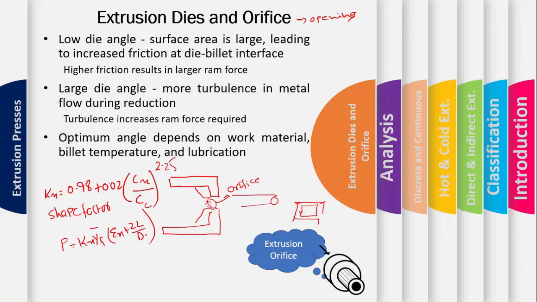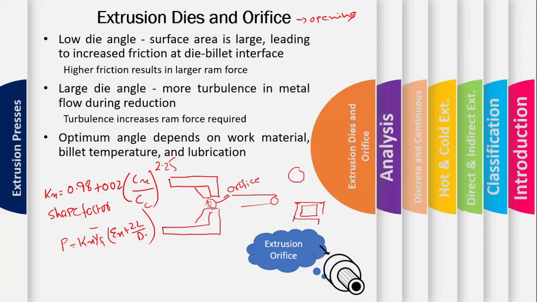And for the same volume and length, you will calculate the parameter if the profile was circular, that is Cc. So this is how we can calculate the shape factor in the case of a profile other than the circular one.